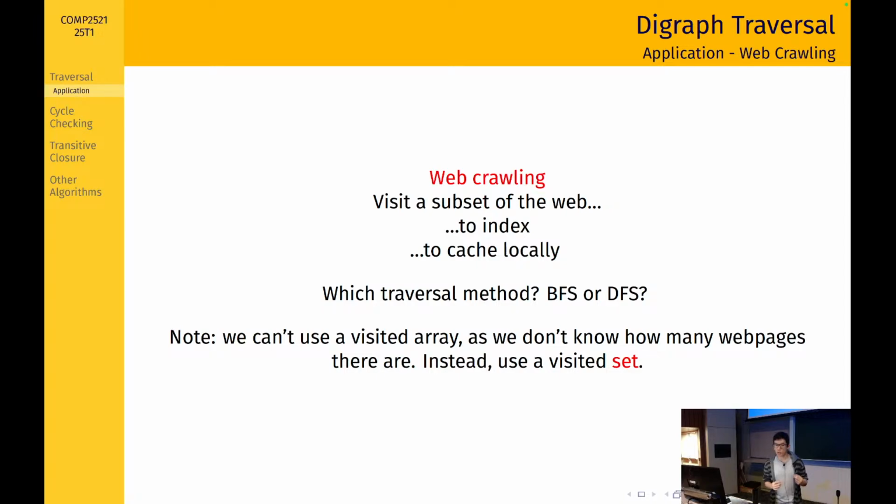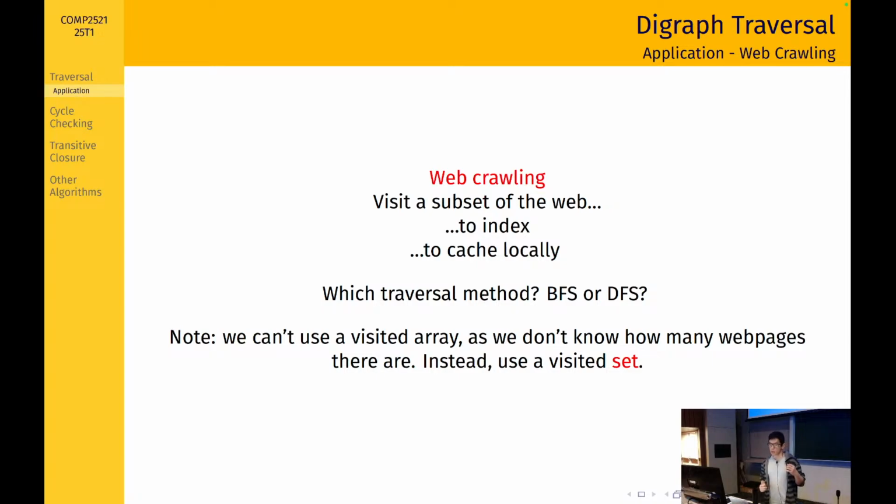You can easily figure out what pages are relevant to the user's search query. Okay, so that's one really important use case in search engines. And search engines like Google typically also cache these web pages.